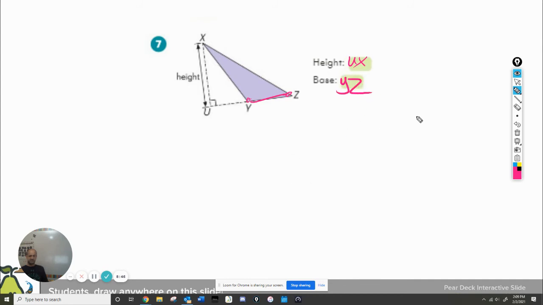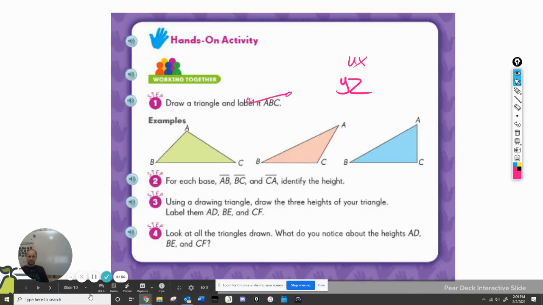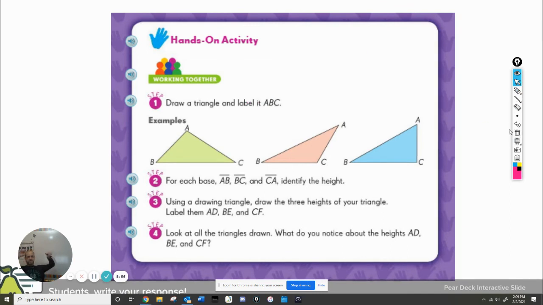Okay. Beautiful. All together. Let's see what we're doing here. Draw a triangle, label it ABC. For each base, identify a height.